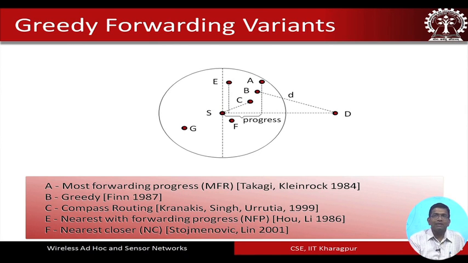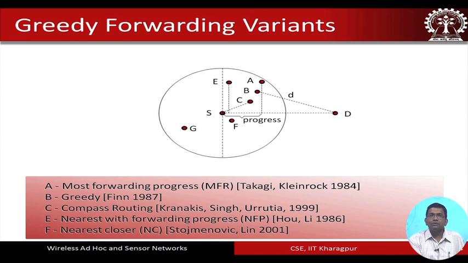So, assuming that the positions of S, D and the other nodes are known, any of these nodes can be chosen. One possibility is to choose node A because A has the most progress towards node D, the intended destination.